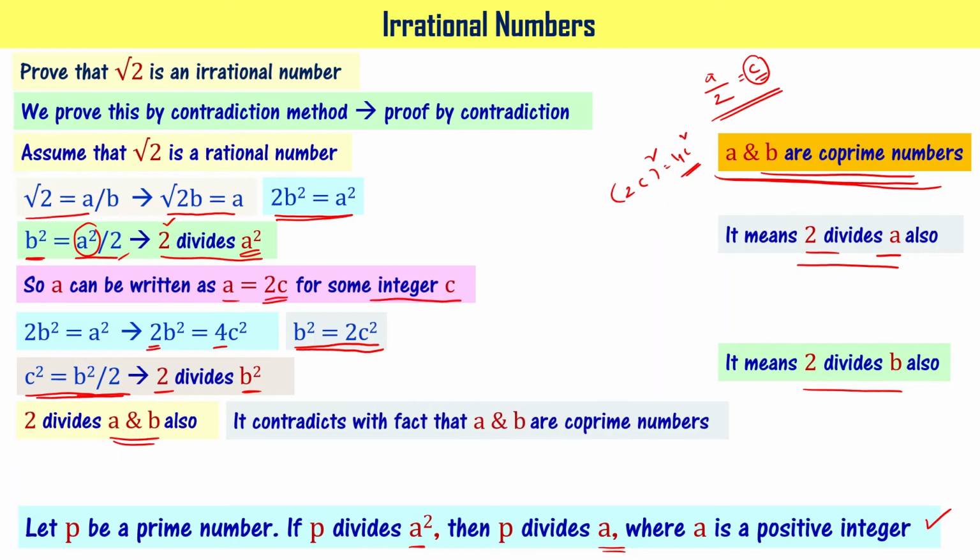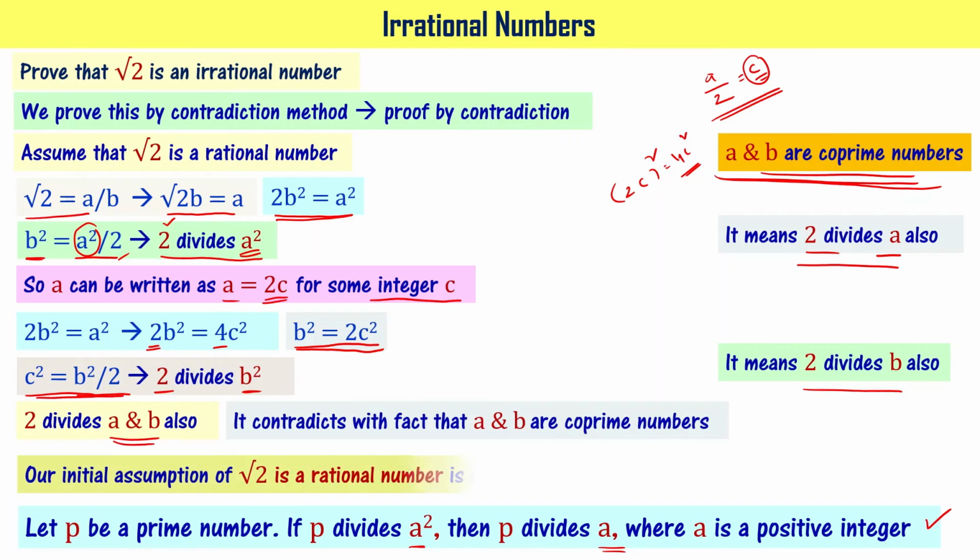The reason is that our initial assumption of root 2 is a rational number is incorrect. You know, we initially said that root 2 is a rational number. You know, that's what we have assumed, right? Since that assumption is wrong, we are getting, at one place we said that a and b are co-prime numbers, but at some place we are getting that a and b are no more co-prime numbers.